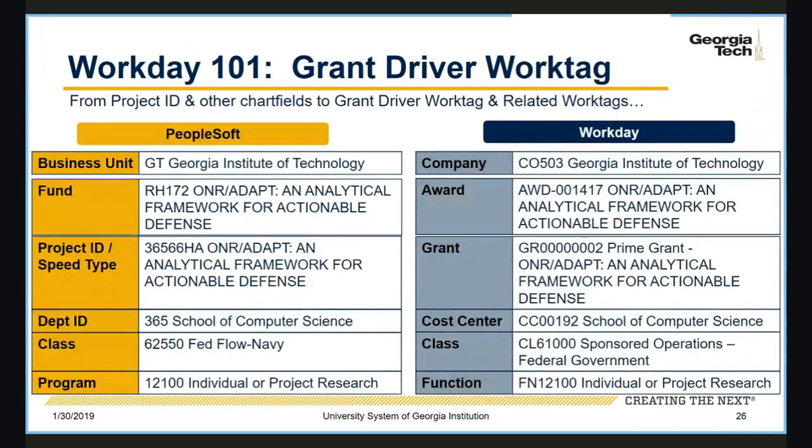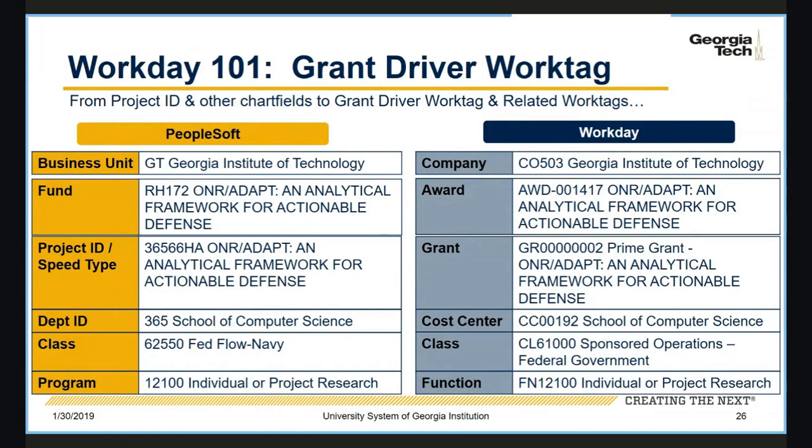Here we see a comparison of PeopleSoft chart fields versus Workday work tags. We can see that in PeopleSoft we had a business unit of GT. In Workday, the comparative value would be a company, or CO503. In PeopleSoft we had a fund code. You might have used something like RH172 for a sponsored fund.